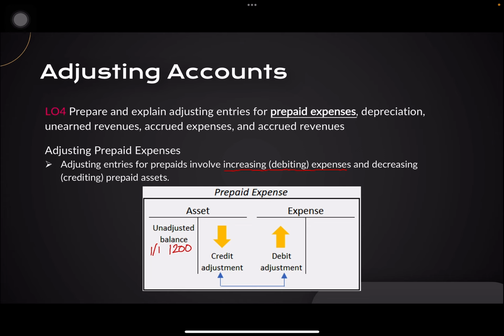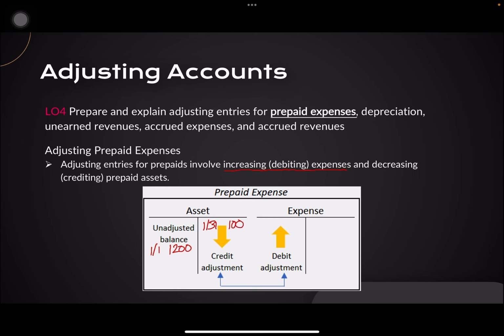So what you need to do at the end of the month is reflect the current balance. And how do you do that? Just decrease your asset amount by the expired portion, or by the consumption. Let's say the expired or consumed amount was $100. So on the credit side of your asset, you would put here a credit amounting to $100.